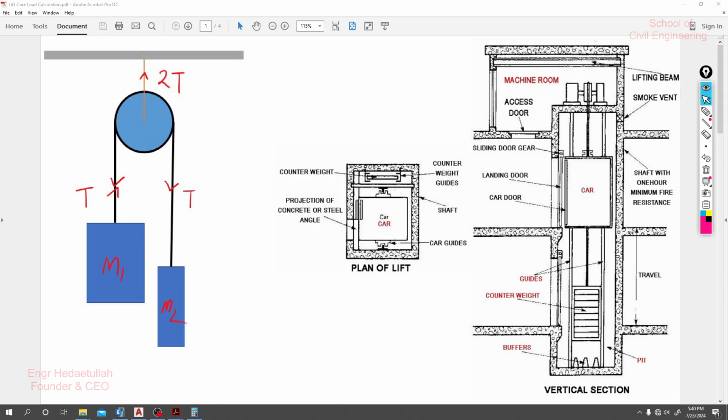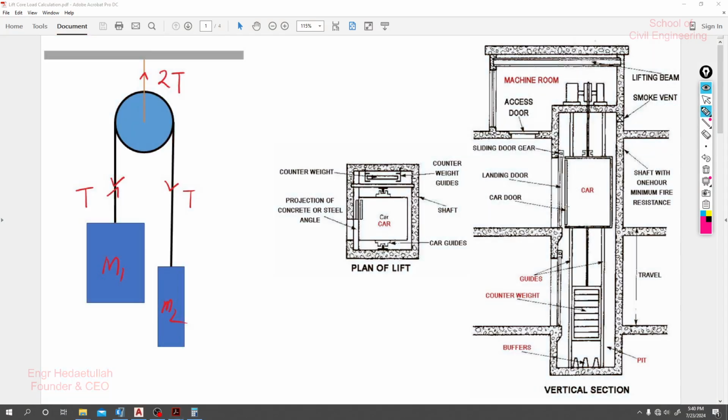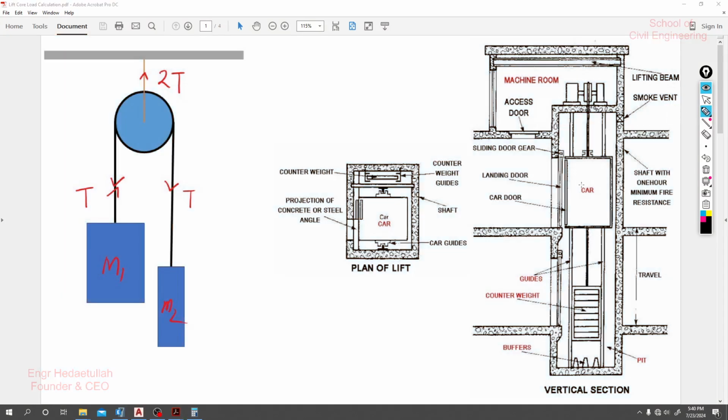See, when we have a lift core, then we'll get car load, then counterweight load, and also counterweight load.